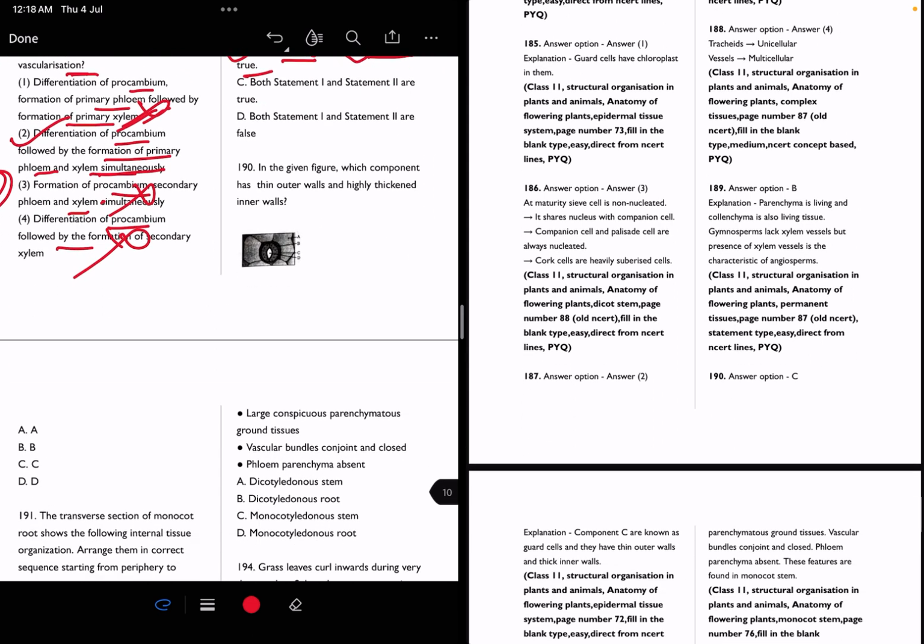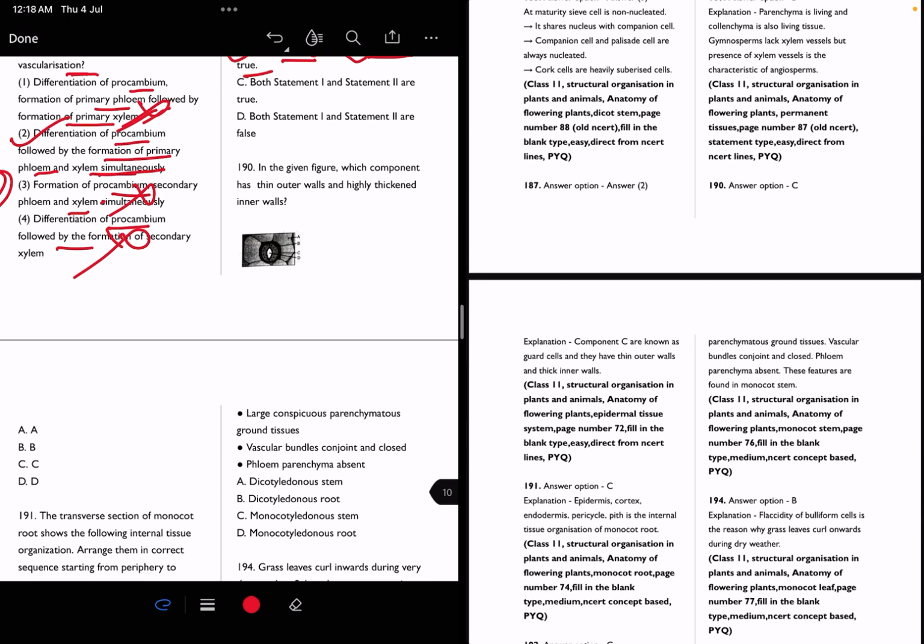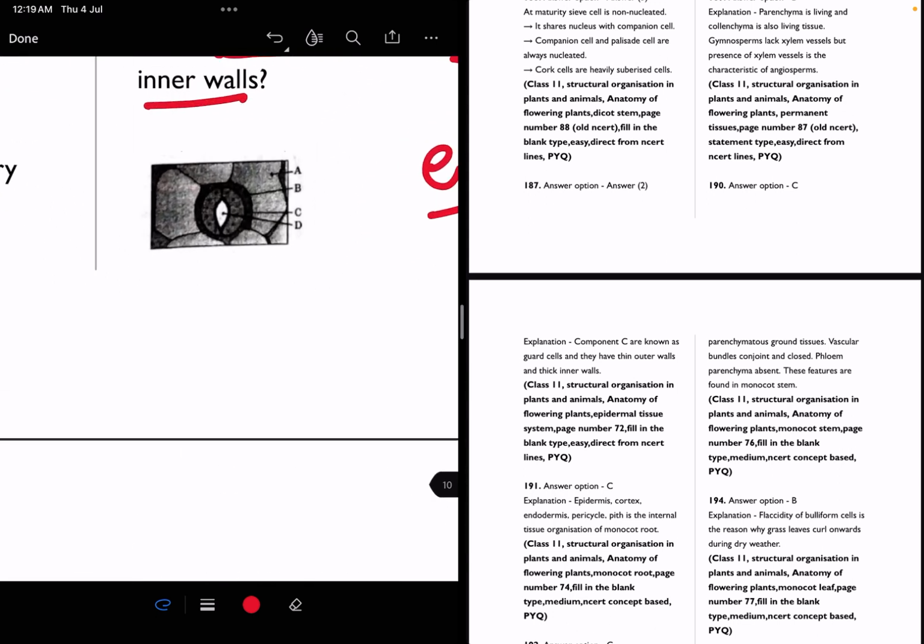Now read question 190 carefully. In the given figure, which component has a thin outer wall and highly thickened inner wall? Here he is talking about the guard cell. When I zoom in, this is the stomata.